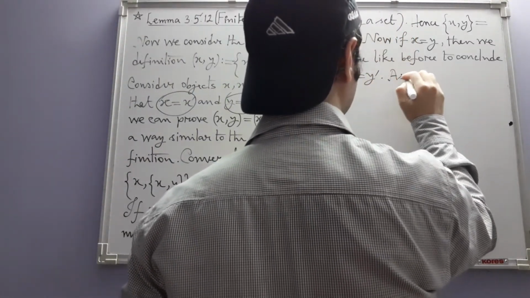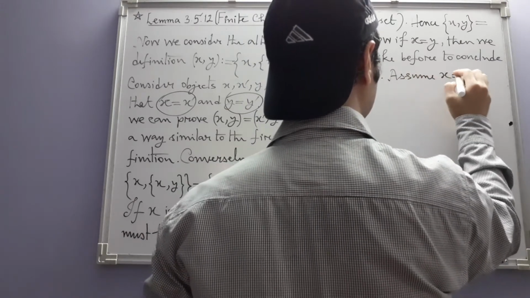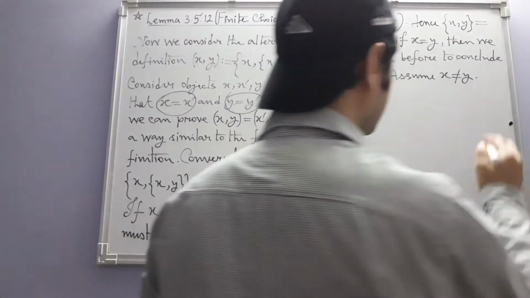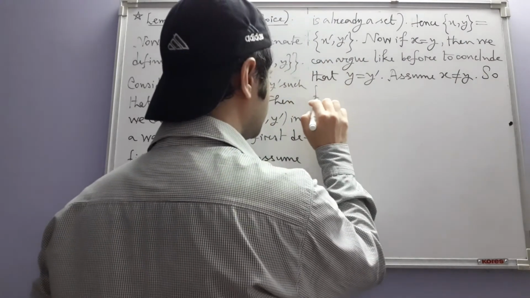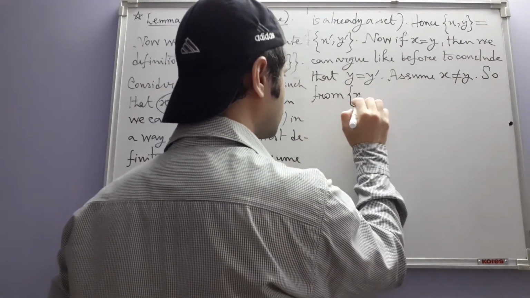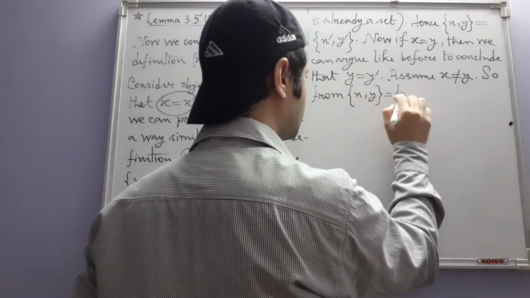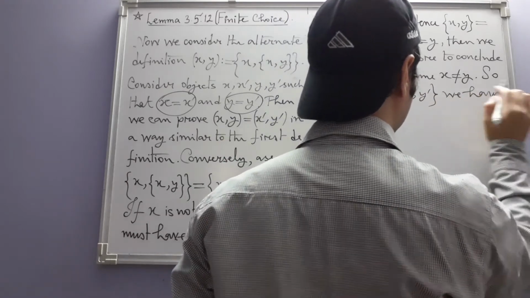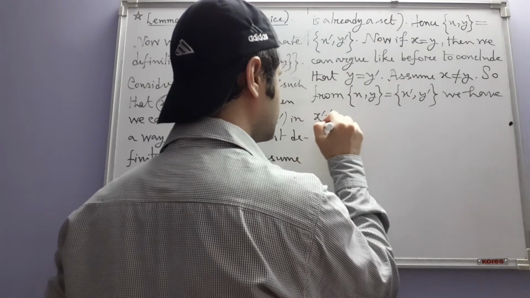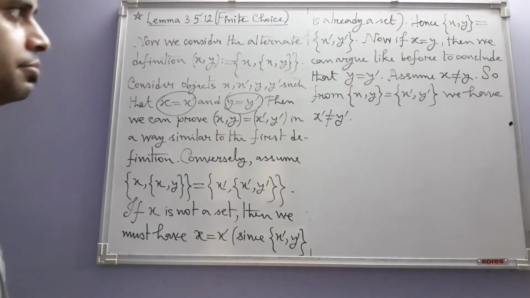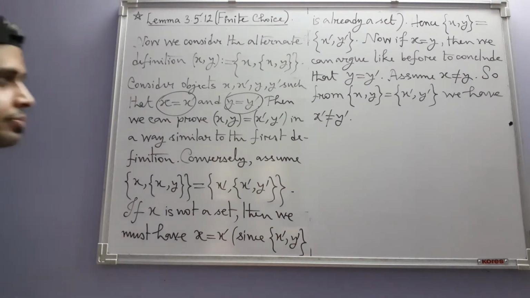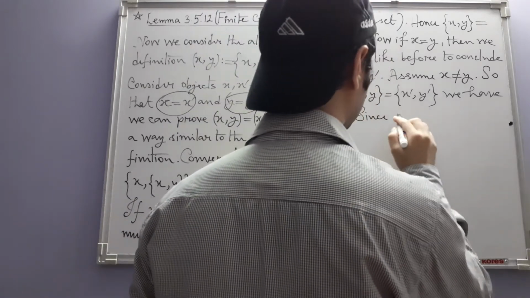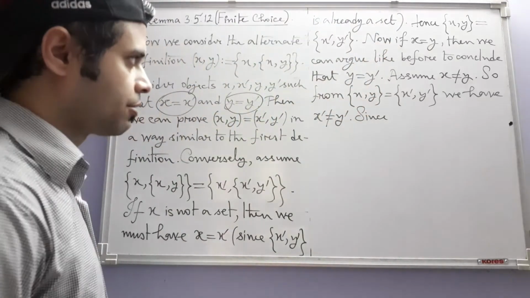So we assume x is not equal to y. So from this we have x prime is not equal to y prime.